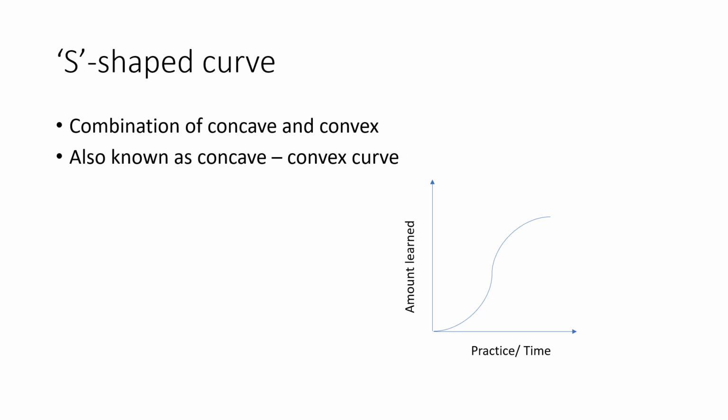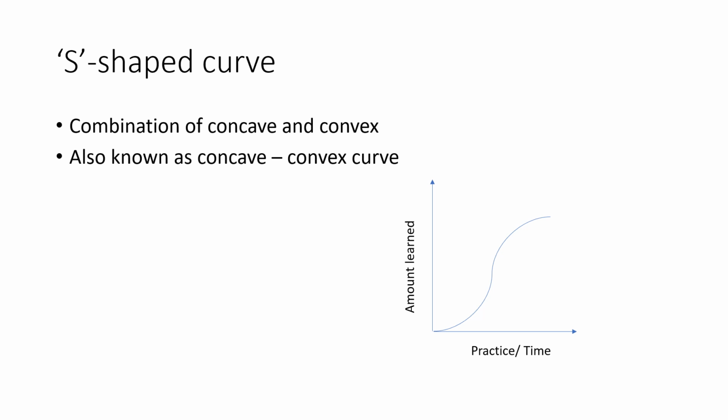And normally all the students in our class, even ourselves, will have an S-shaped curve. So this is a combination of concave and convex. As you can see, there's a concave and then it becomes convex. So here it's a new topic.